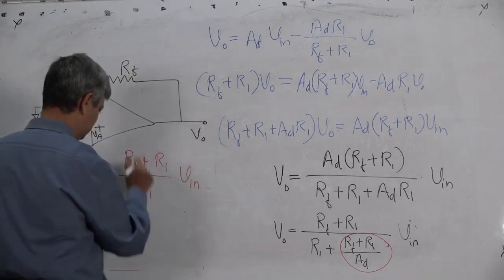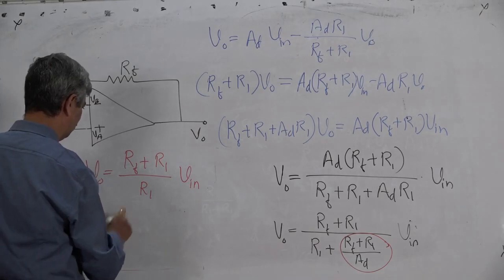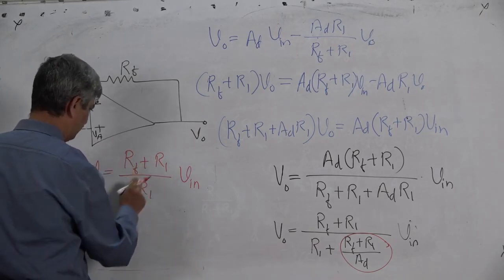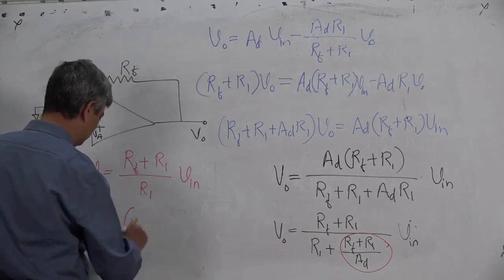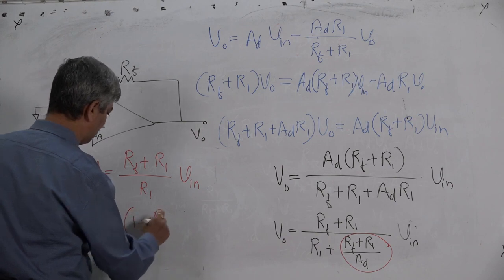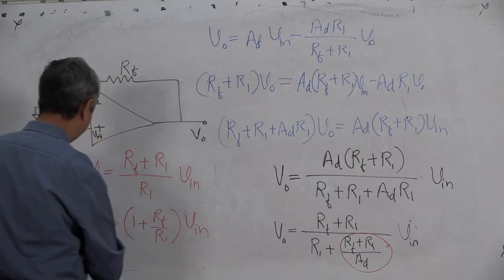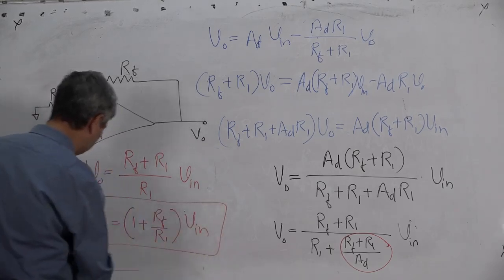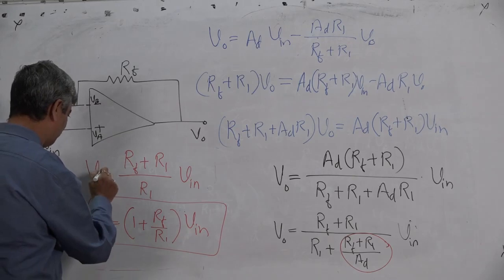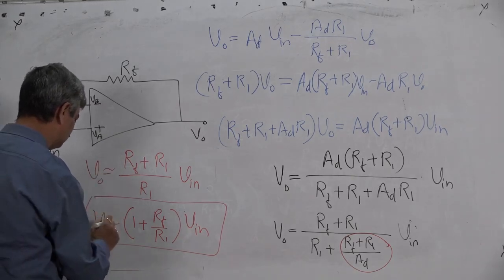If we divide it separately, VO is equal to RF upon R1 and 1. So I just write in the reverse sequence, 1 plus RF upon R1 into Vin. It is not equal to, it is approximately equal to, but very, very close.